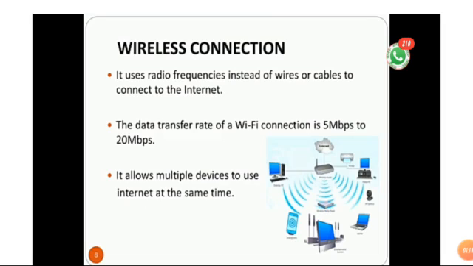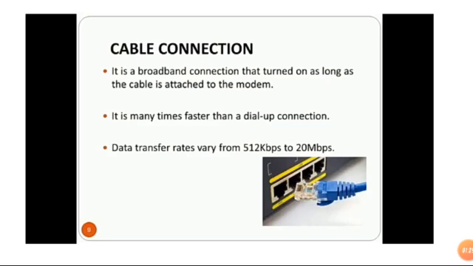You can see a modem is placed in the center and devices kept at a distance can also use this. It is because of wireless communication, that is Wi-Fi communication.